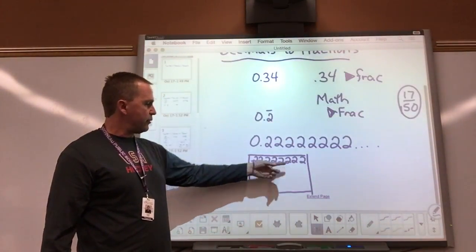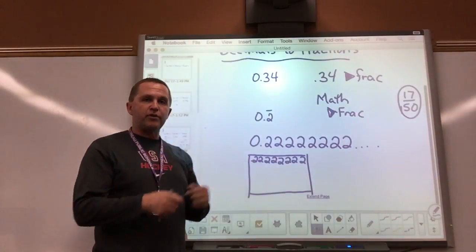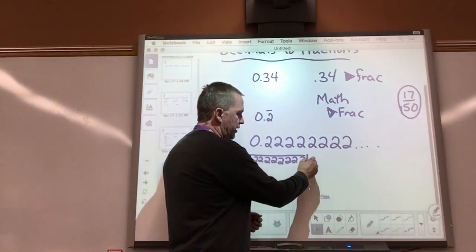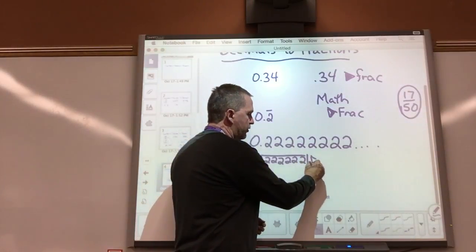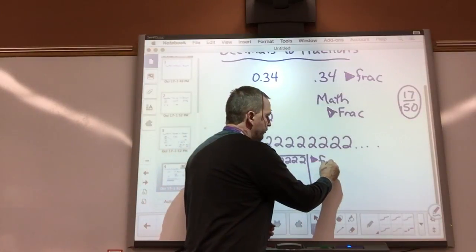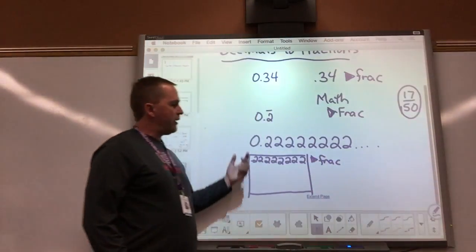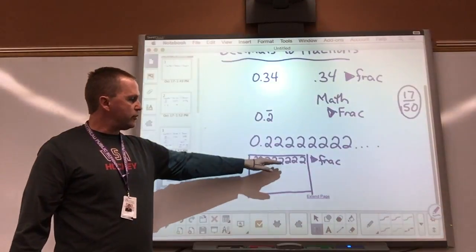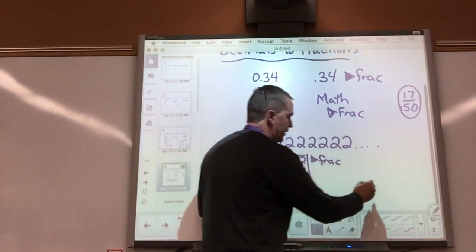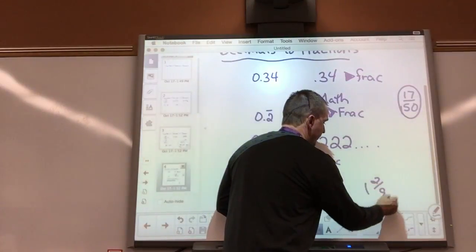It's not necessarily the number of 2's I have here, but if I complete one line on the screen with that, and then I'm out of space here, but I would just simply show it here. Again, I would go to math, as I talked about in the previous problem, and get the convert to fraction button, and it would have all of these 2's as a string with the arrow to fraction right behind it, and if I hit enter, it's going to tell me that my answer is 2/9.